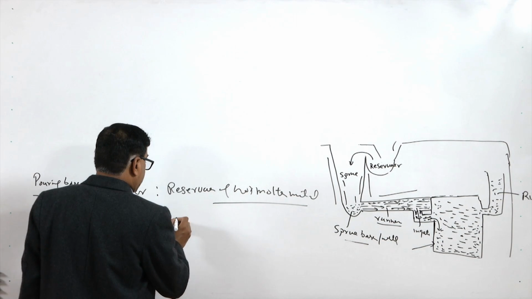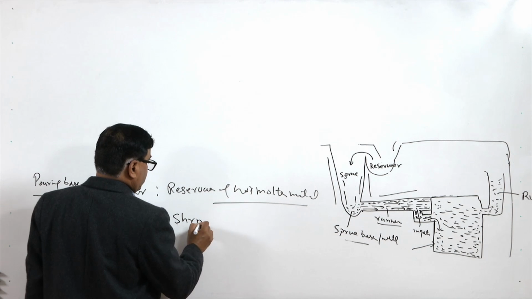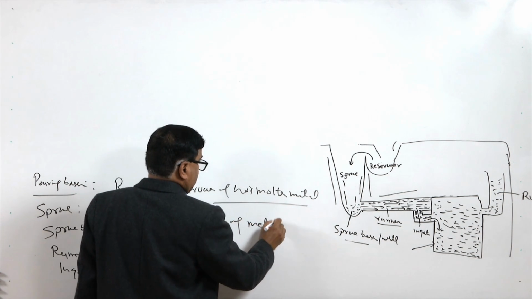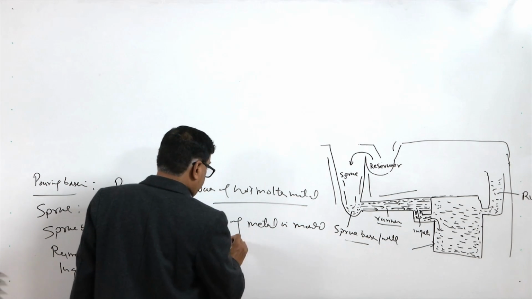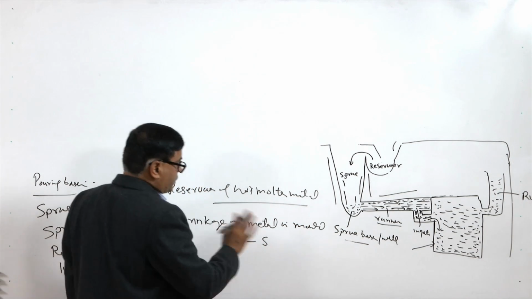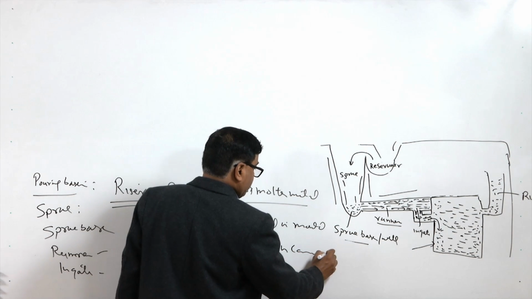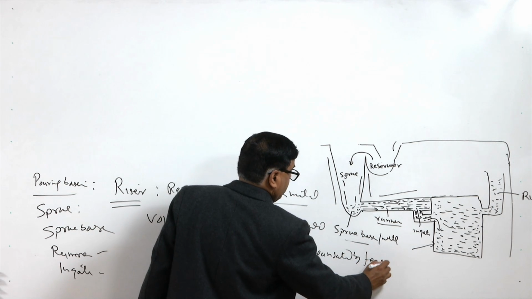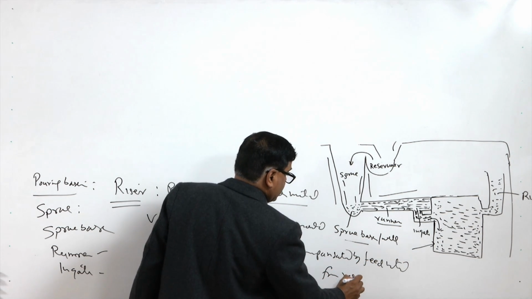So, this shrinkage, basically volumetric shrinkage of the metal in the mold due to liquid to solid state transformation, is compensated by feeding metal from the reservoir.